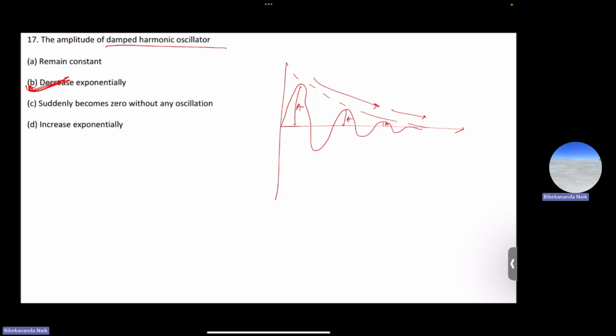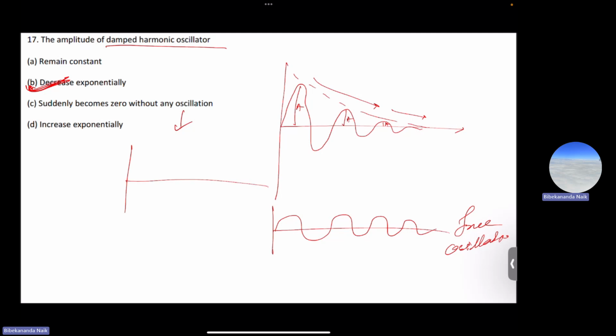If it remains constant, then it is a free oscillation. Suddenly becomes zero means it will fall like this without any oscillation, since it is not completing an oscillation.